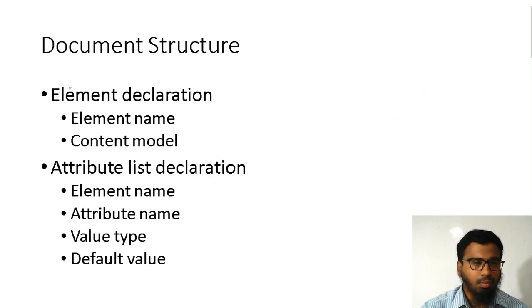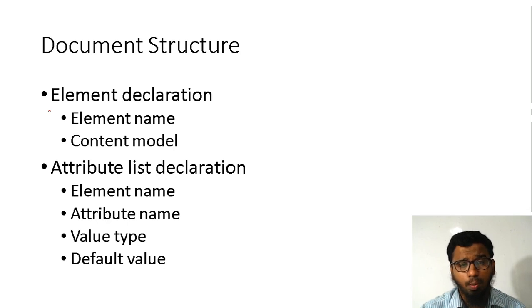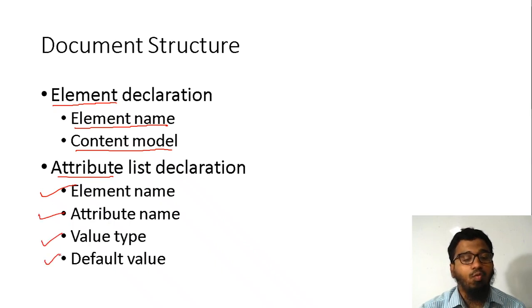So what is the structure of a document? The important things in the whole WAD are the element and the attribute. What is an element? An element declaration has an element name and a content model. The next one is the attribute list declaration: element name, attribute name, value type, and default value.